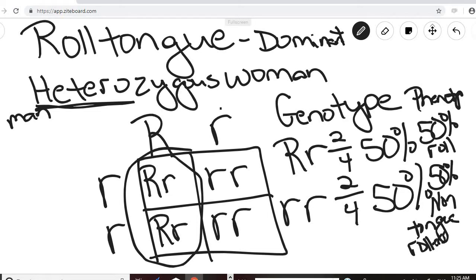It's probabilities, but generally speaking, we could estimate that 50% of their children would be able to roll and 50% would not. If we had thousands of couples with these genotypes who had children, then when we looked at a large number, probably pretty close to 50% would be tongue rollers and 50% would not.